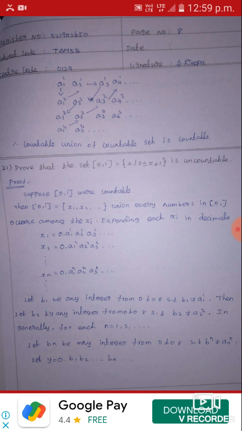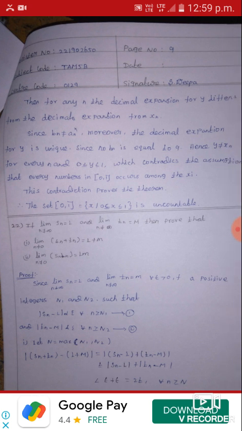In general, let b_n be any integer from 0 to 8, b_n not equal to a_n power n, so y equals 0.b1 b2 and so on. So y differs in the nth decimal place from the decimal expansion of x_n, since b_n is not equal to a_n. Moreover, the decimal expansion of y is unique since no b_n is equal to 9. y is greater than or equal to 0 and less than 1, which is a contradiction to our assumption that every number in 0 to 1 occurs among the x_i. That is, the set is uncountable.